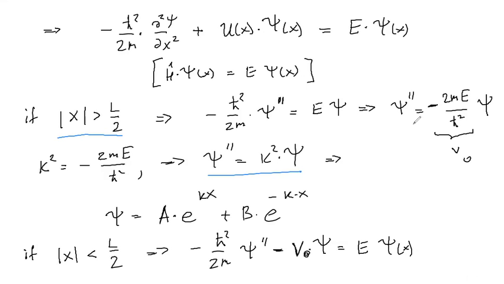Then I'm going to do the same. I'll try to simplify this equation as much as I can, so I'll try to bring it to the standard form. Once it has a standard form, then I can write a standard solution for this. So I'm going to move the minus V naught term to the right. I'm going to multiply by 2m over h bar squared and cancel the negative sign, and I'm going to get psi prime prime for this.